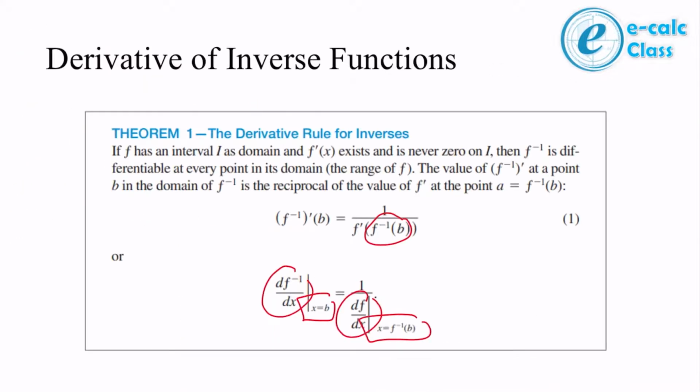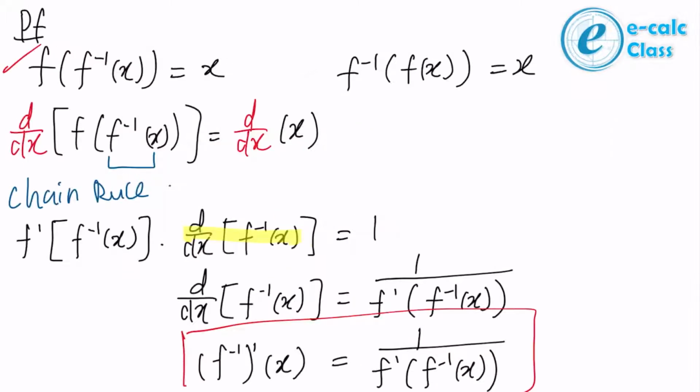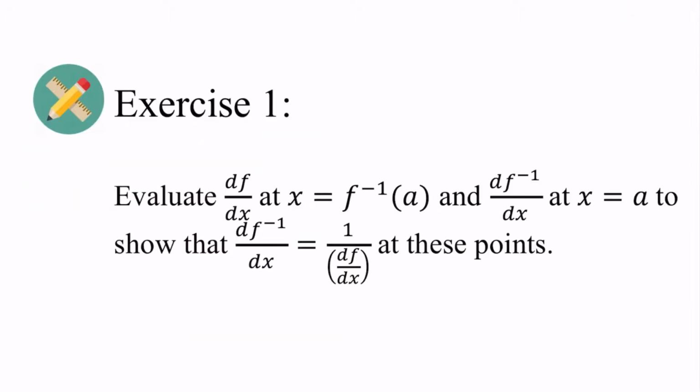Very simple proof to this one. Okay, so the derivative of inverse function is 1 over f prime, then you put in the value of f inverse of x at that particular x value. Okay, end of proof.